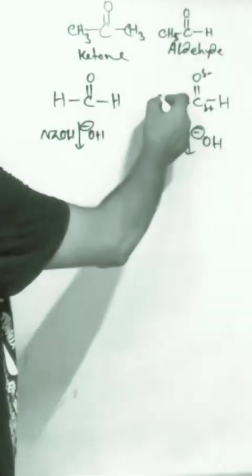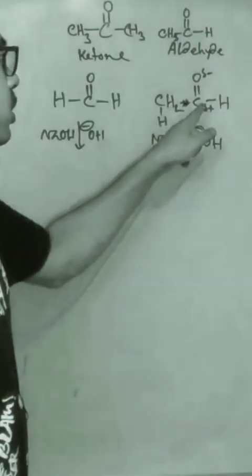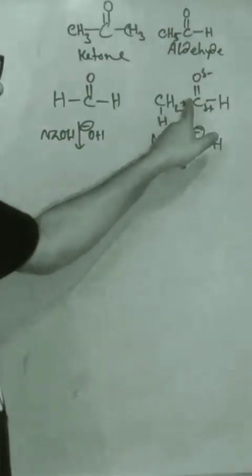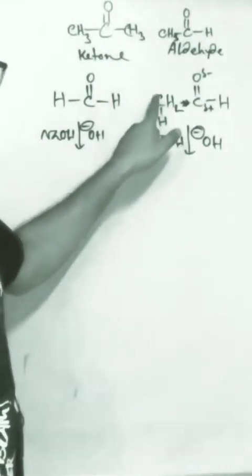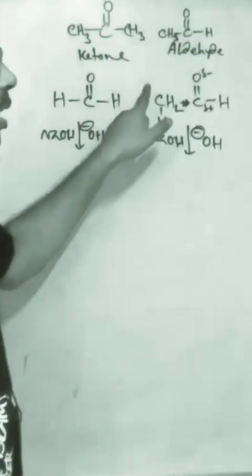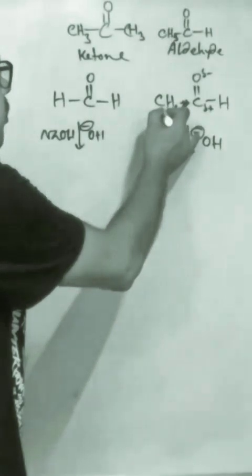So this carbon becomes electron deficient as it is pushing the bond pair electrons towards the carbonyl carbon, and the carbonyl carbon is also pulling the bond pair electrons from this bond, that makes this carbon electron deficient, and because it is electron deficient, it attracts the bond pair electrons towards itself.